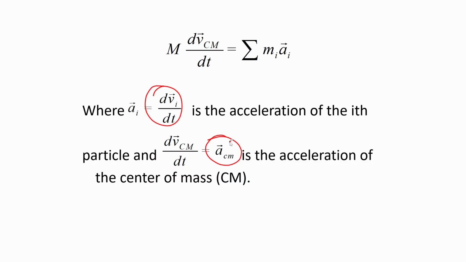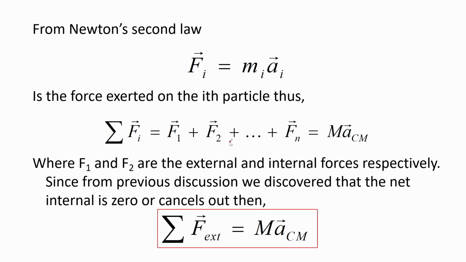From Newton's second law, Fi is equal to mi ai. So the force exerted on the ith particle is equal to the total mass times the acceleration of the center of mass of that body.